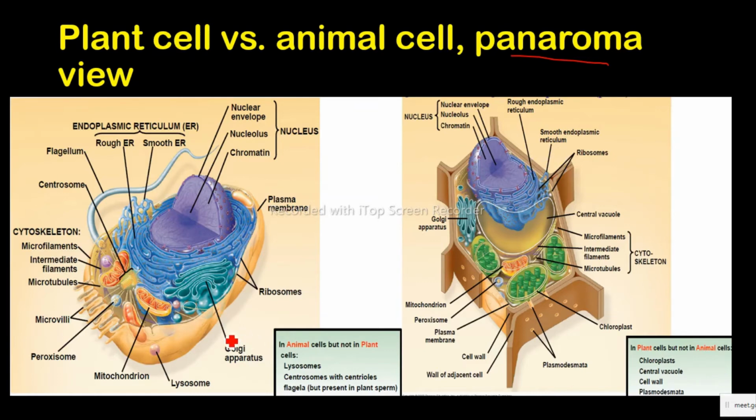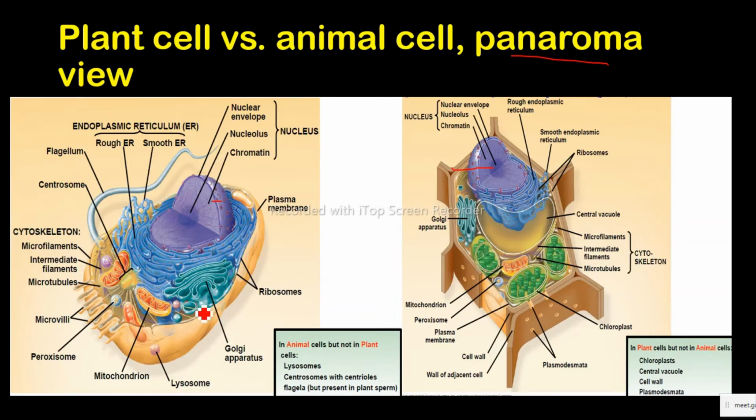Now if you observe, they all have a nucleus, they all have this membrane system, the endoplasmic reticulum and the Golgi apparatus. They all have mitochondria. Are you seeing? They all have peroxisomes, they all have a cytoplasm, and they all have a plasma membrane.